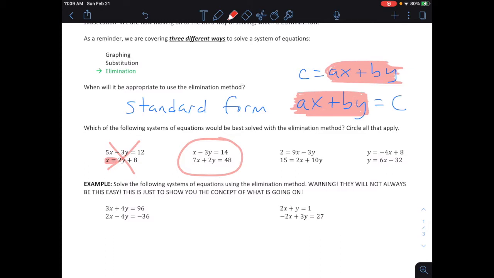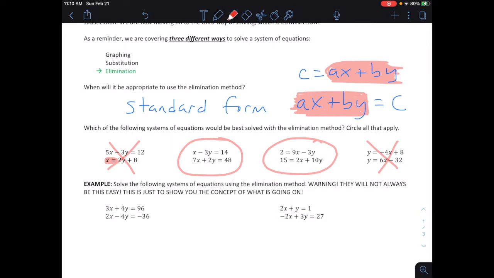The x and y are on the right-hand side, and the c, or the number that's by itself with no variable, is on the left-hand side. If I said left, I meant right. So this one's a good candidate. And then the last two are in slope-intercept form, or y equals mx plus b, so they are not a good candidate for elimination.